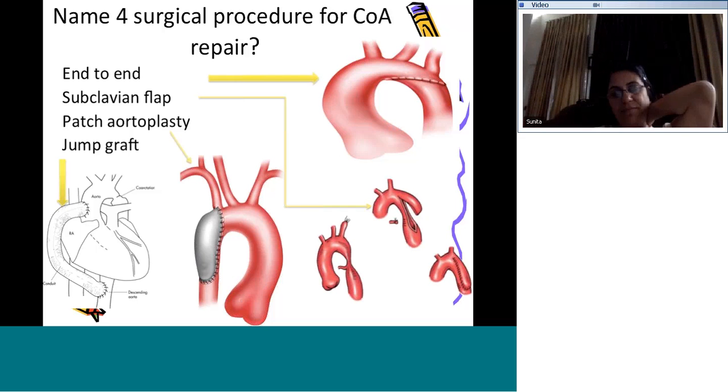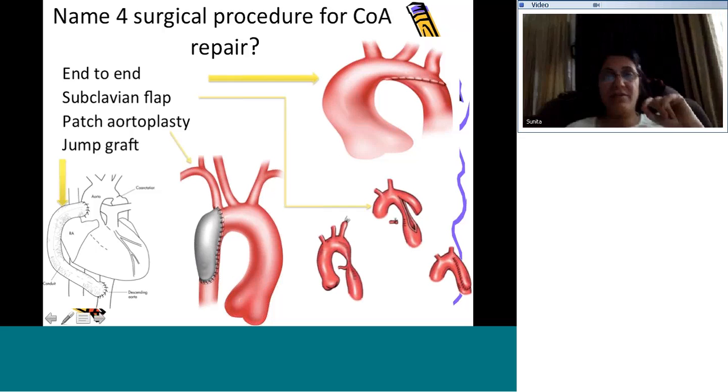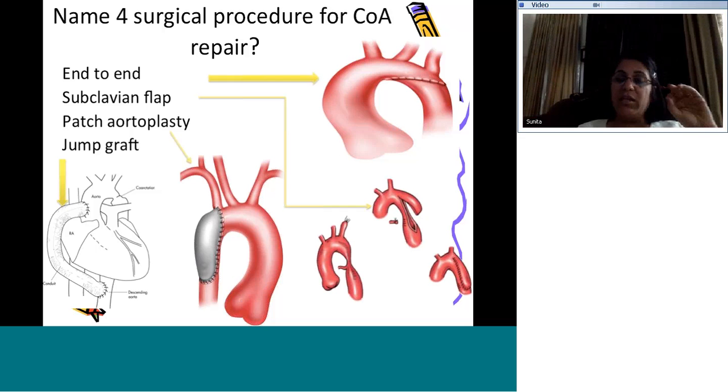Anyone? Subclavian flap can only be used in? No, not above 10 years. The answer would be it can only be used in neonates or early infancy.